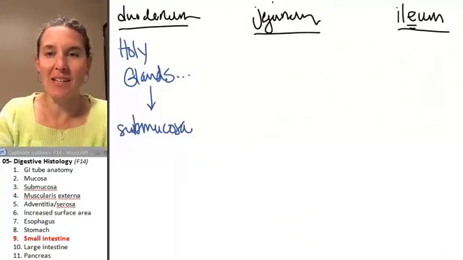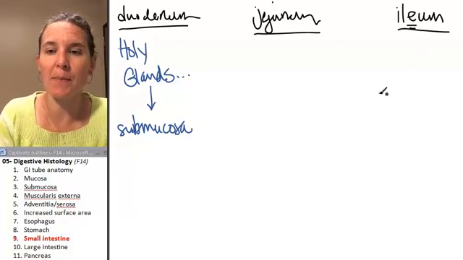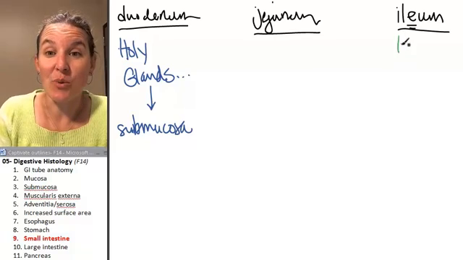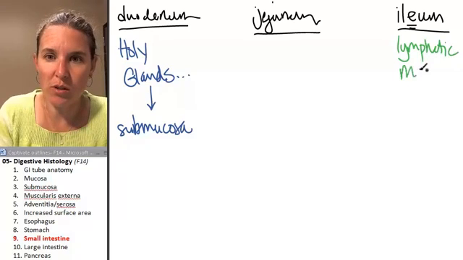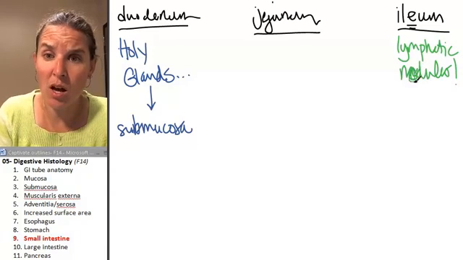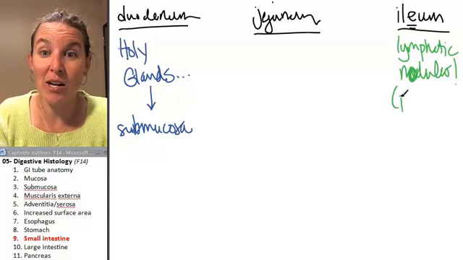Let's do the ileum next because the ileum has one that is really, really obvious. Lymphatic nodules. Holy lymphatic nodules. Not modules, nodules. And those lymphatic nodules are called Peyer's patches.